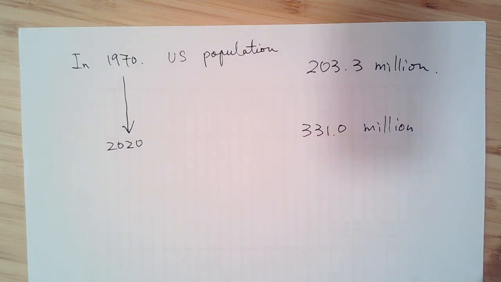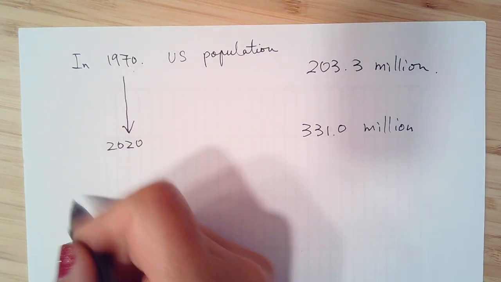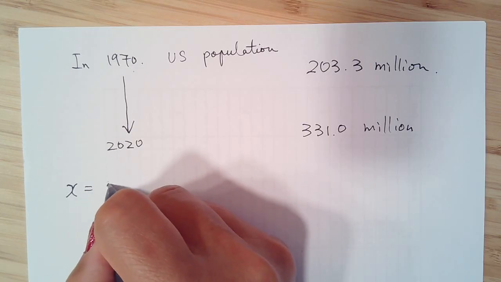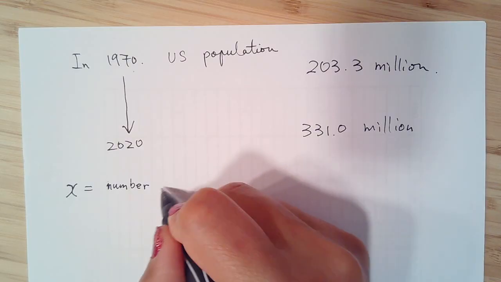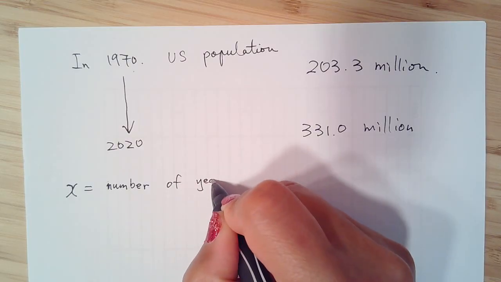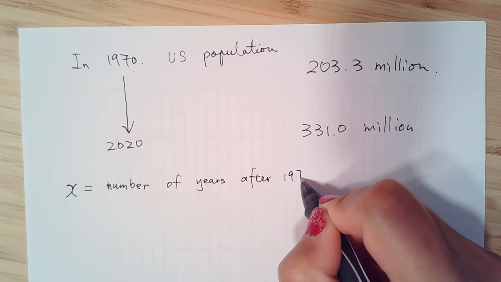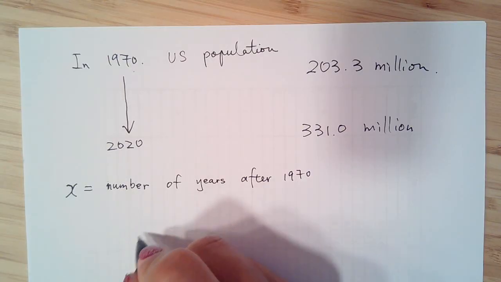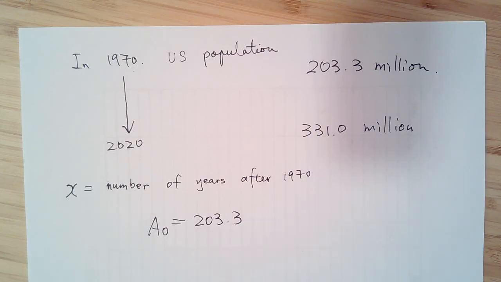And after you get the math model, then I'm going to ask you the second question. So the first question: let's assume that x or t is the number of years after 1970. So that means at the very beginning, 1970, my a0 is 203.3. That's the initial amount.